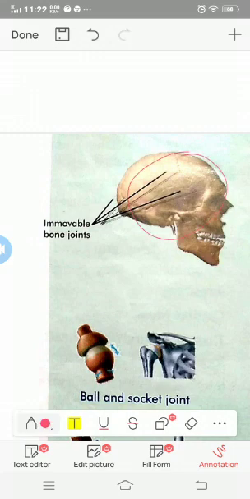Where the bones of the skull meet, these joints do not allow any movement because all the bones are firmly interlocked. So these joints are called the immovable joints.